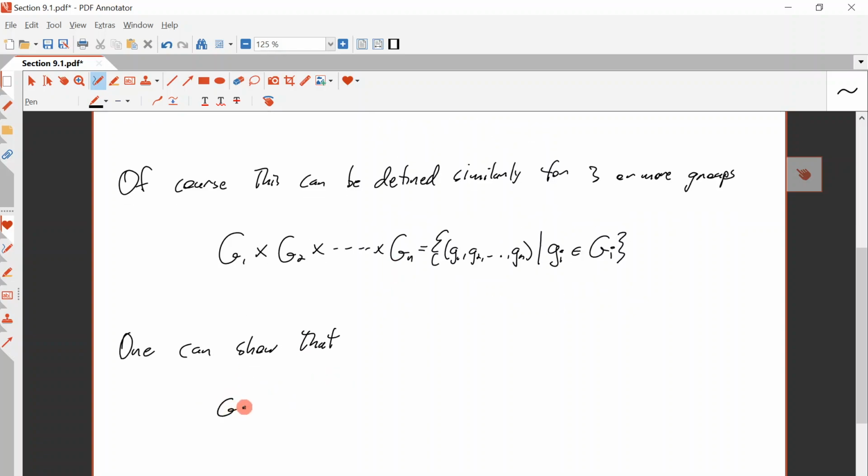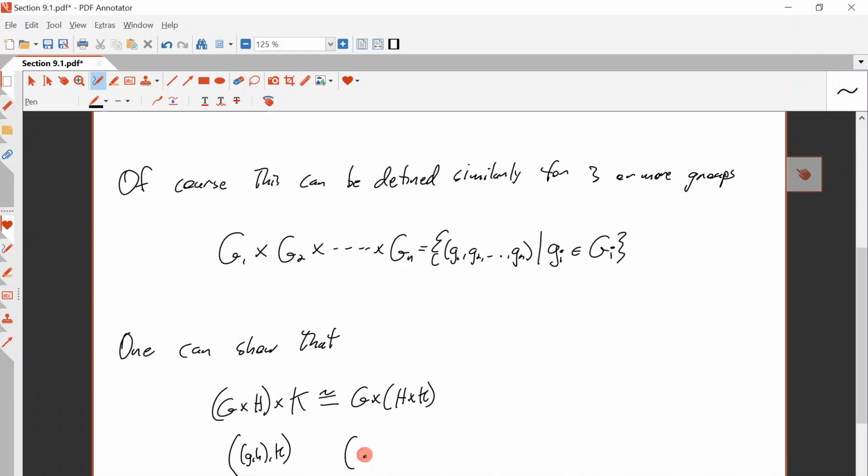One can show that if you did G cross H, and then cross it with K, that is isomorphic to doing H cross K first and then crossing it with G, so that direct products are associative. So there's no need to write things like (g, h), k.